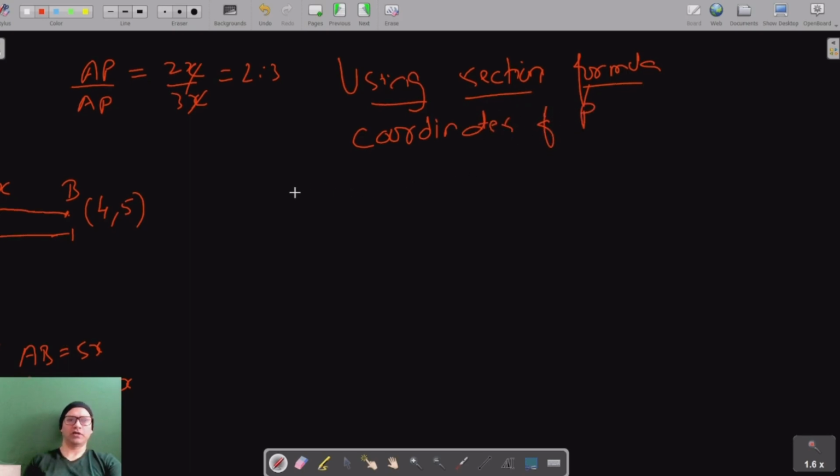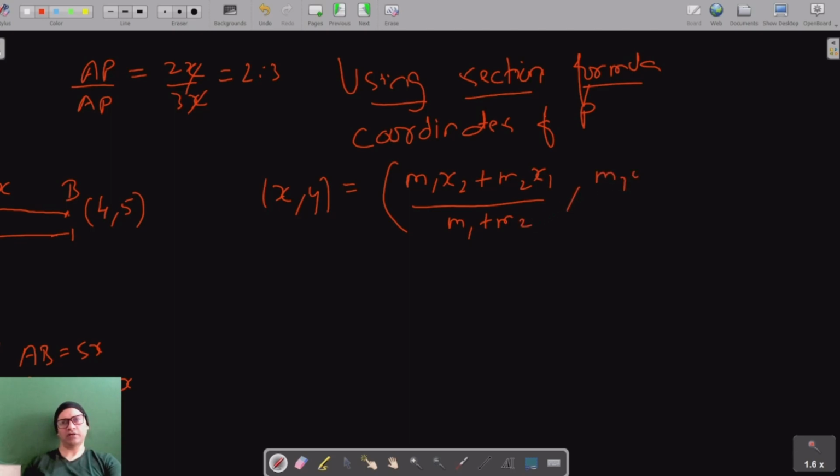The section formula says that the coordinates of P (x, y) are equal to (m1 x2 + m2 x1) upon (m1 + m2), comma, (m1 y2 + m2 y1) upon (m1 + m2).